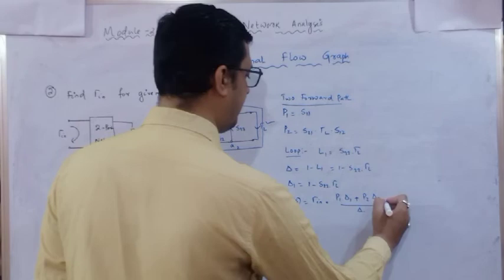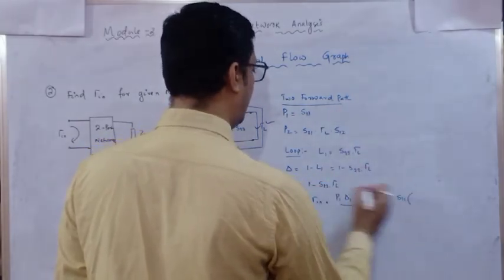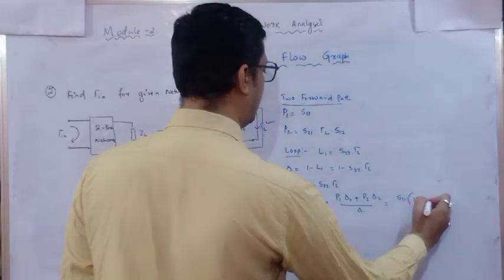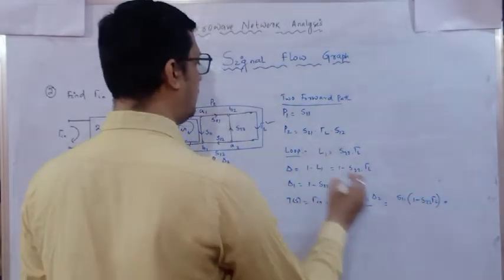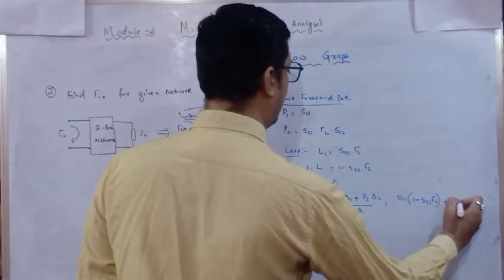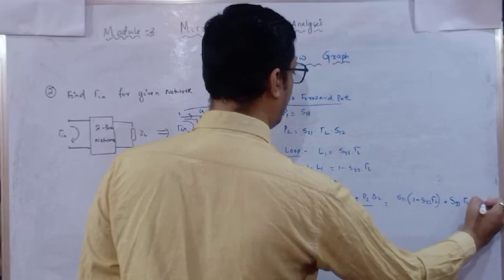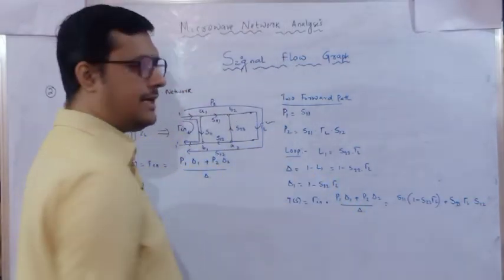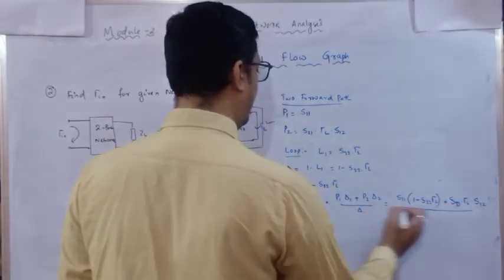So what is my P1? P1 is S11. What is my del 1? It is 1 minus S22 into the reflection coefficient. And what is P2? P2 is S21, the reflection coefficient of the load, into S12. And what is del 2? Del 2 is 1. Divided by del.